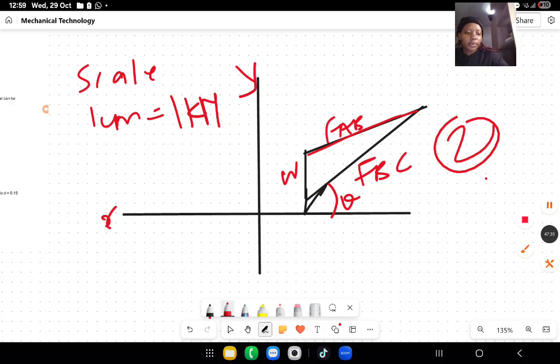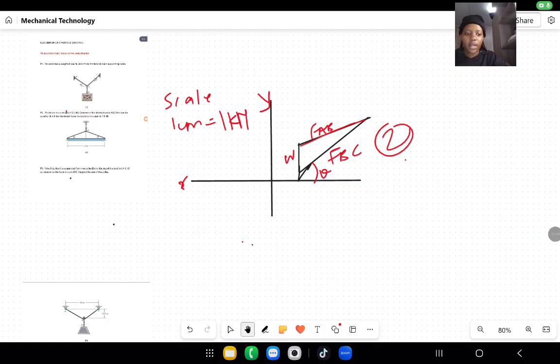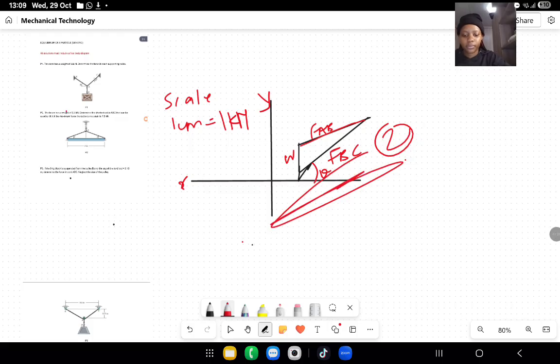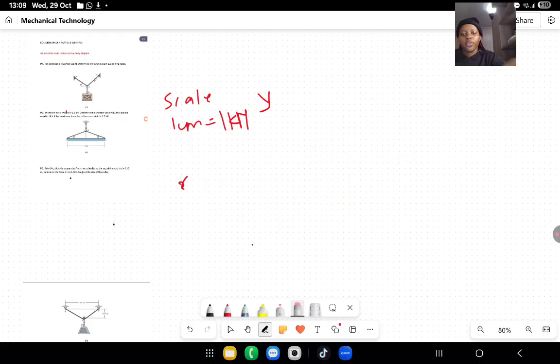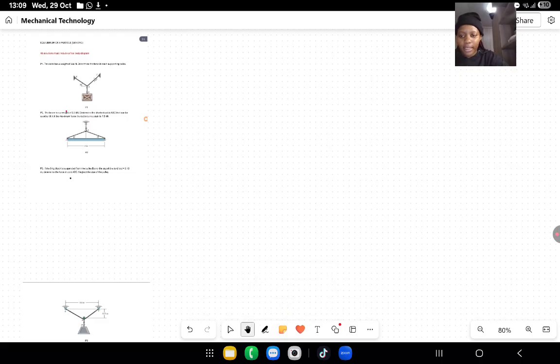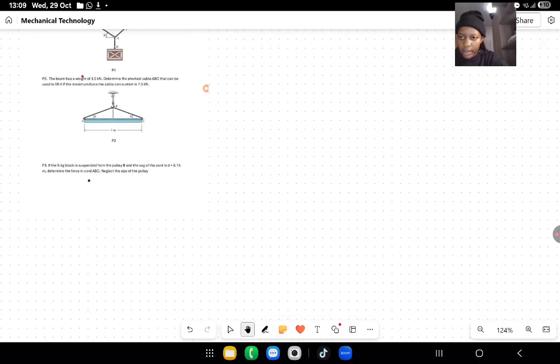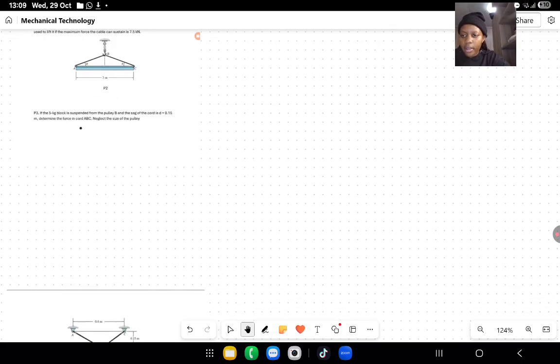We are going to number 3. Let's erase this. For number 3, they say: in number 2, if the 5 kg block is suspended from the pulley B and the sag of the cord is D equals 0,15 m, determine the force in cord ABC.